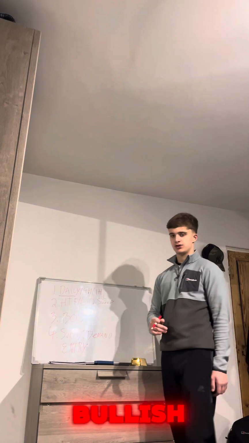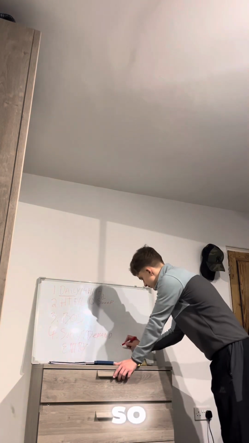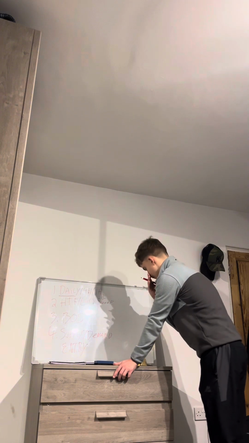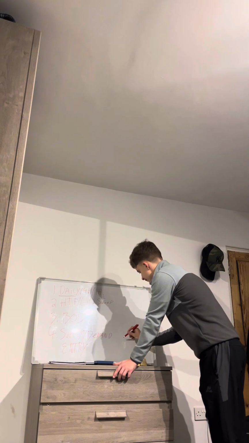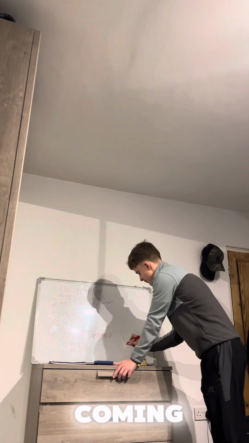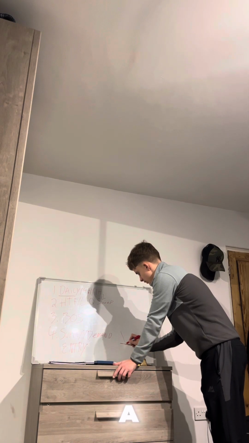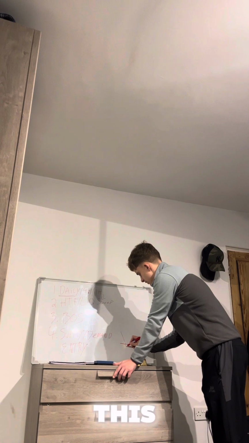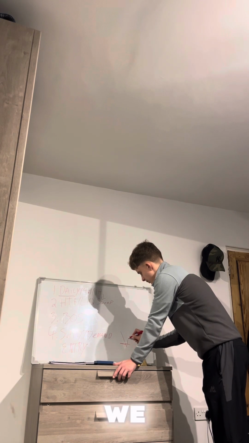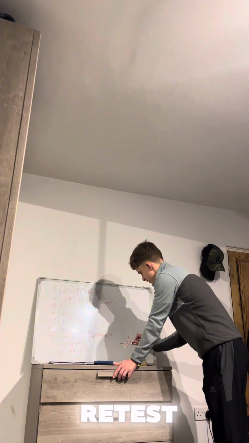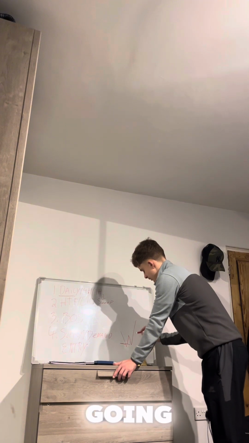So in a bullish example, say we've got price coming down and sweeping out a low. This low gets swept, we break to the upside, retest supply, and then keep going.